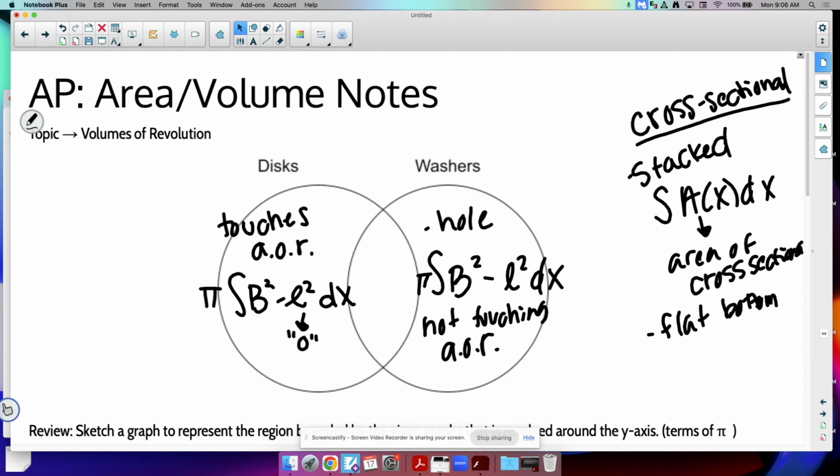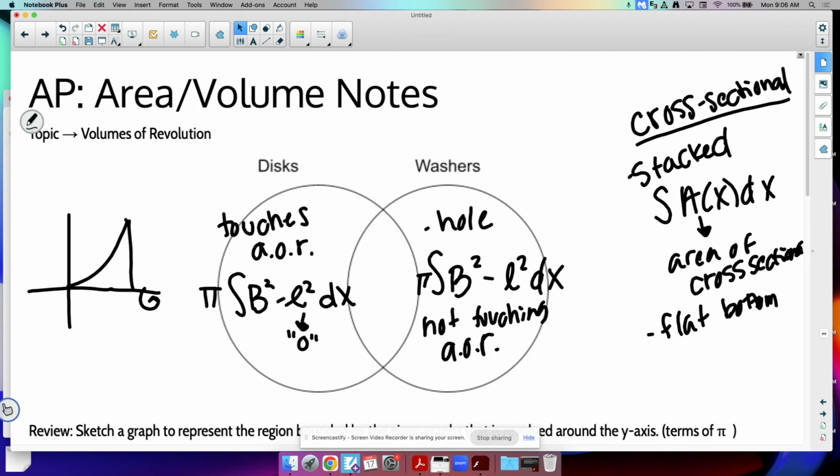The biggest thing that these have in common is when you find these volumes and you draw in that little representative line. If we are rotating around the x-axis, which way do I draw that line, vertically or horizontally?